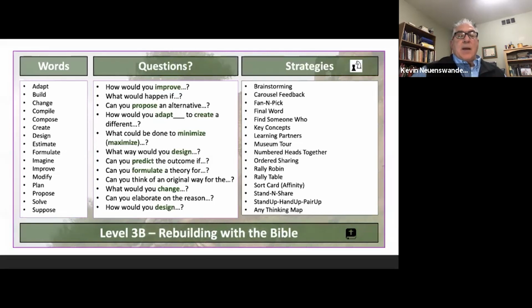How would you adapt blank to create a different blank? How could blank be done, or how to minimize or maximize? I'm not going to go through all of those, but you can see the strategies are exactly the same, those mind maps and other strategies there.